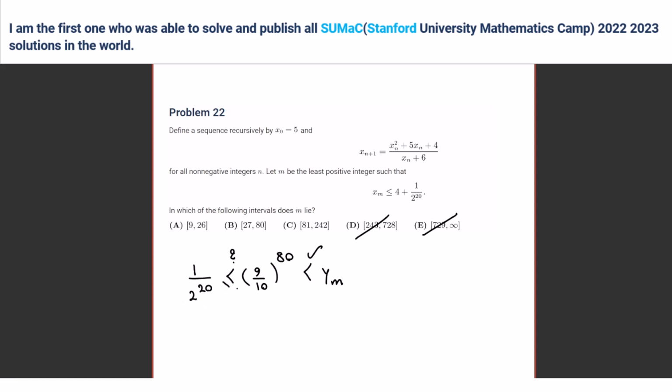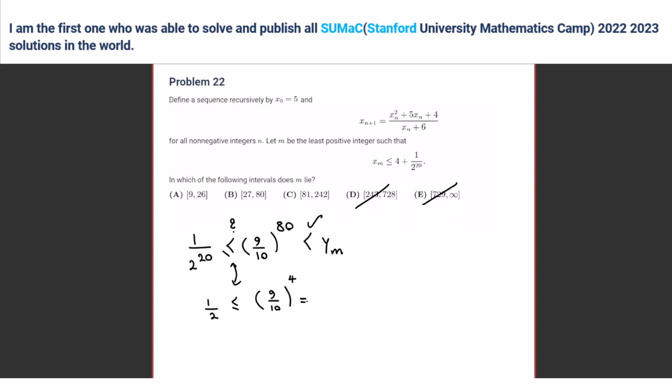It's so much easier, right? We should say it is equivalent that 1/2 is less than or equal to 9 over 10 to the power of 4. So the denominator is 10,000, and the numerator is 729 times 9, which is greater than 5,000.